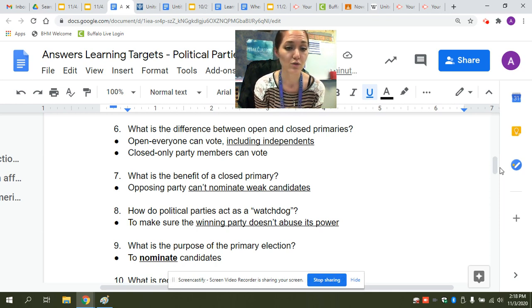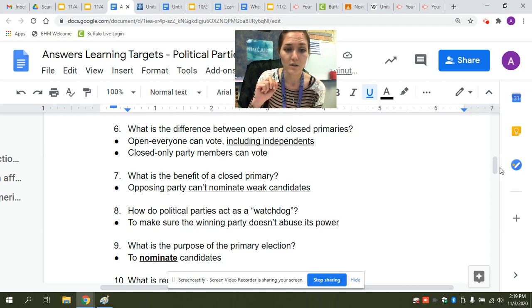In a closed primary, only party members who are registered with that party can vote. Number seven, what's the benefit of a closed primary? It prevents the opposing party from sneaking into that primary and nominating weak candidates. We talked about this when we took notes on the Electoral College, talking about those primaries. Let's say that there's the Democratic primary where they're choosing which Democratic candidate they would like to run for the Democratic Party in the presidential election.